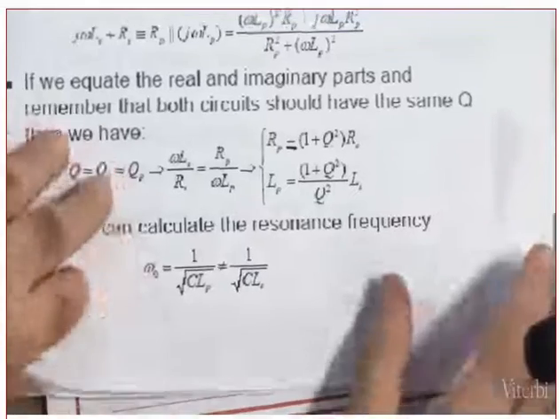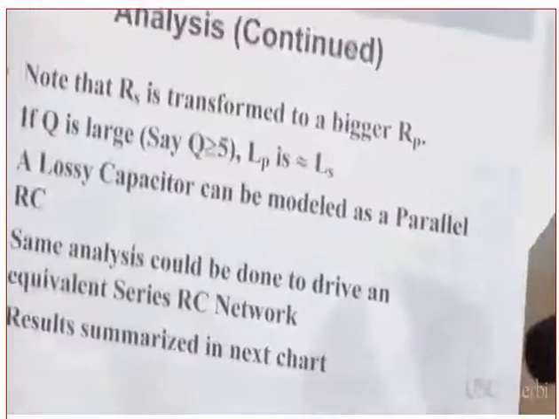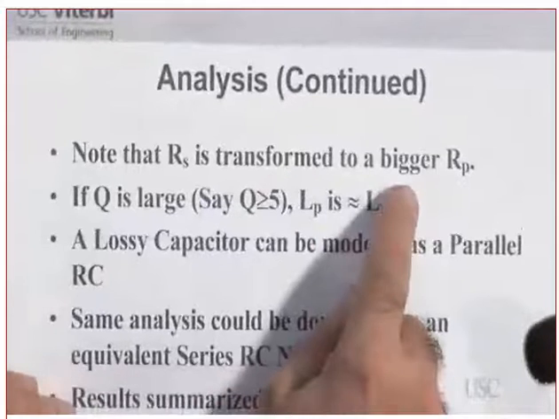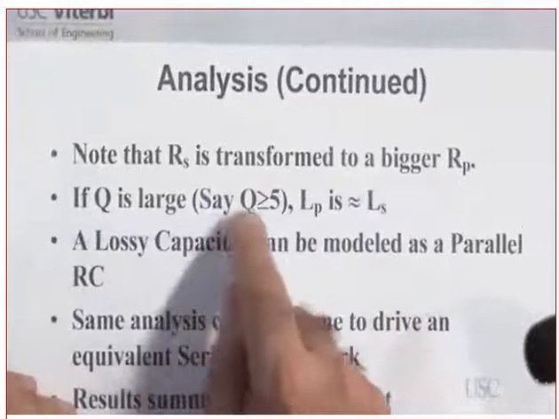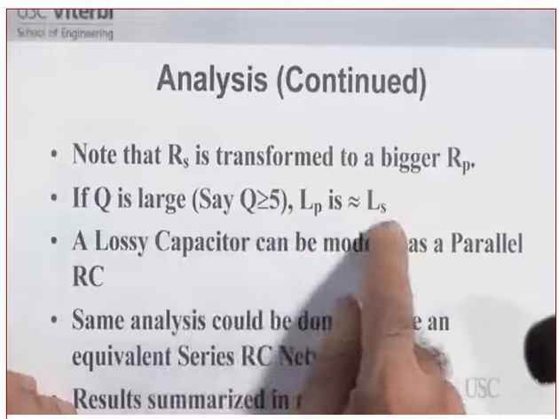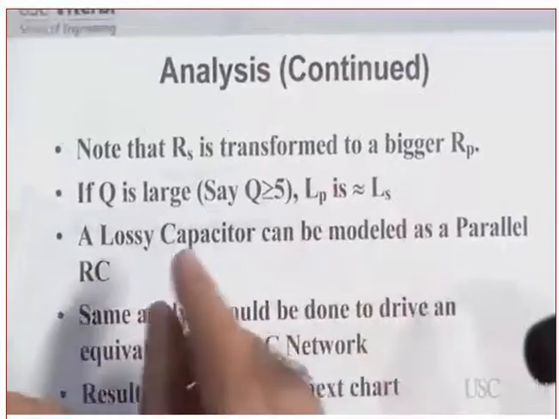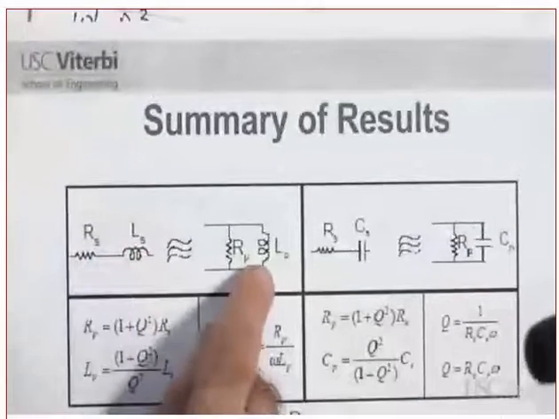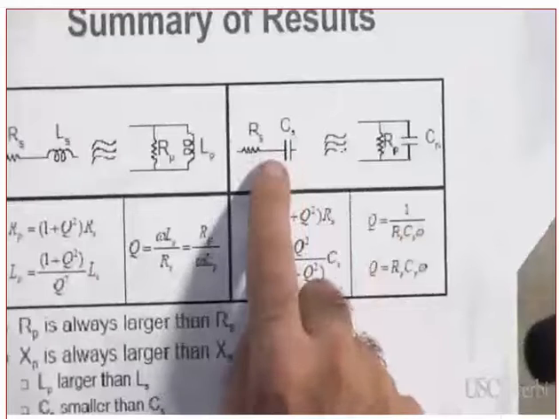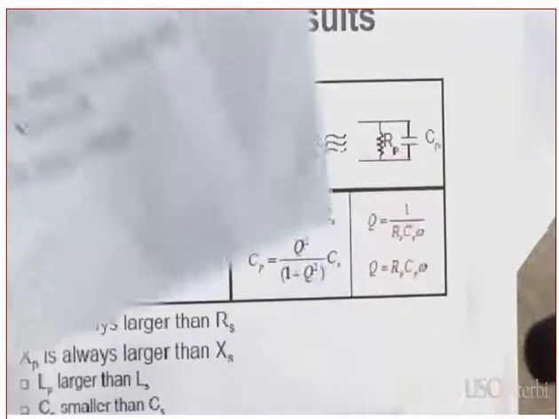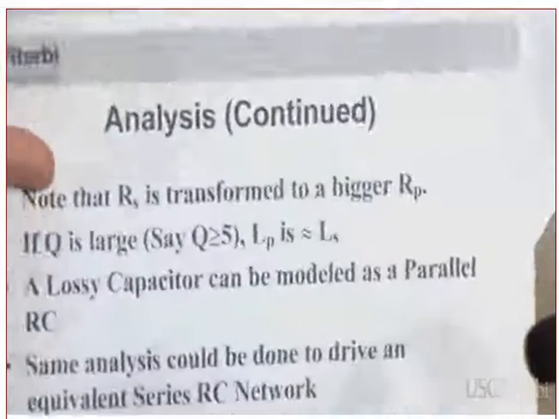Clear? Okay. Can we do the other way around? This is, by the way, what I just explained to you. RS is transformed to a bigger RP. If Q is large, say Q is greater than pi, LP is approximately equal to LS. Now, how about the capacitor? Can we model a lossy capacitor? We do it the same way. If we do have the lossy, what will it be?